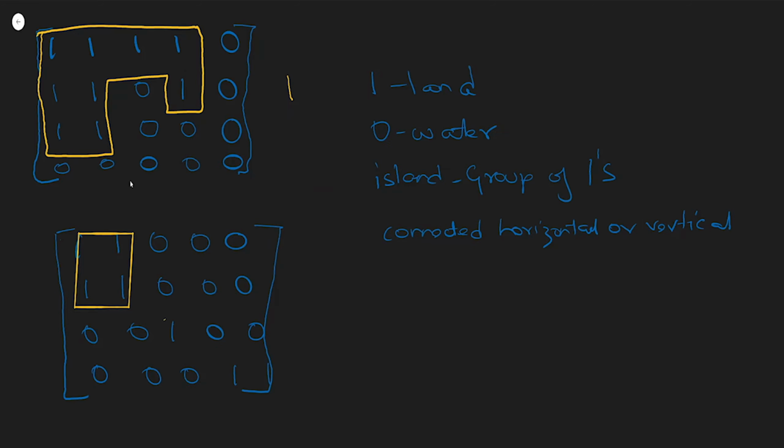And if you see this one, this is not connected to any of the ones either horizontally or vertically, so this alone will be a single island, and these again are not connected to anything else, so these alone would be different islands. So here the answer would be 3 islands.